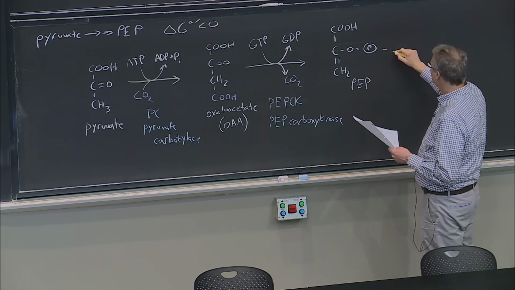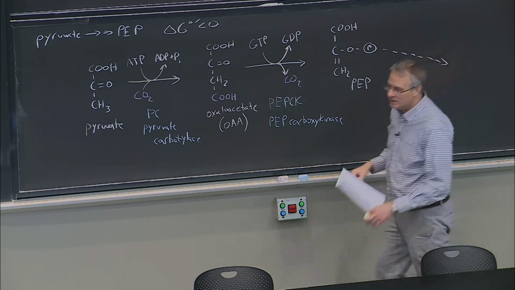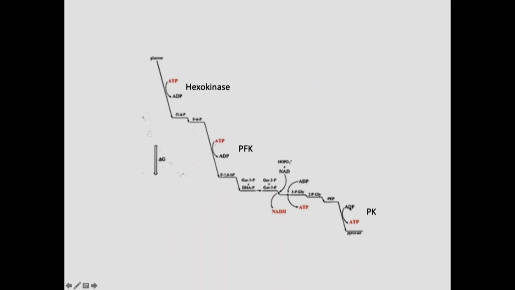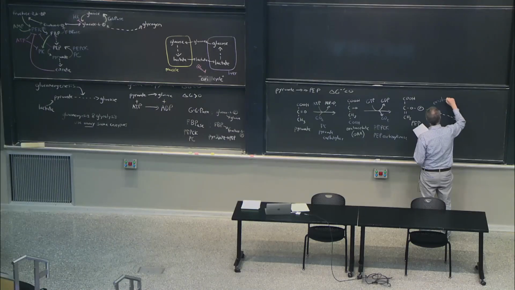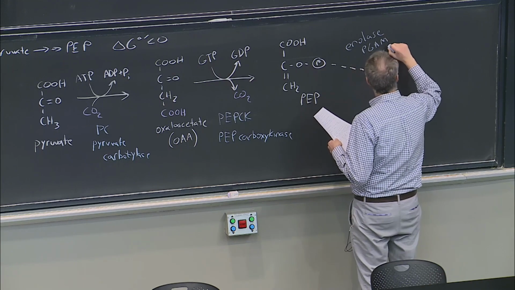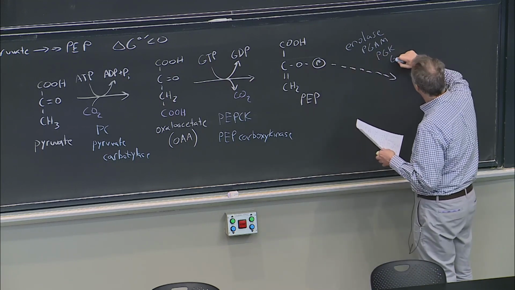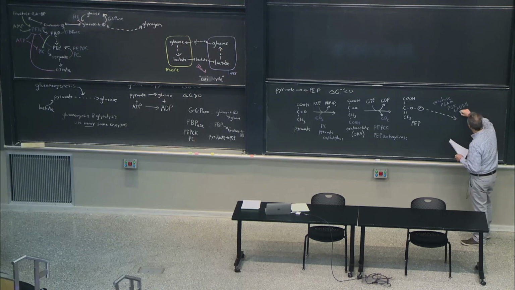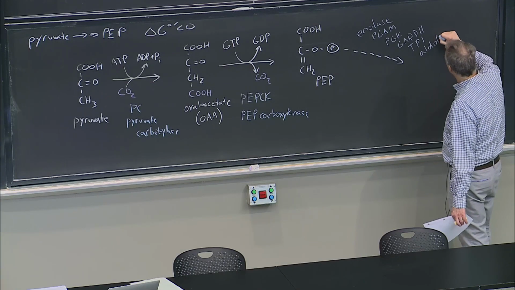So once you've regenerated PEP, now that PEP gets to this flat part, if we go over here to our delta G plot, so now it can easily run back across this flat part of the curve. That is, go through enolase, phosphoglycerate mutase, phosphoglycerate kinase, GAPDH, taking advantage of the high NADH-NAD+ ratio that would exist when you're doing gluconeogenesis, triose phosphate isomerase, aldolase.